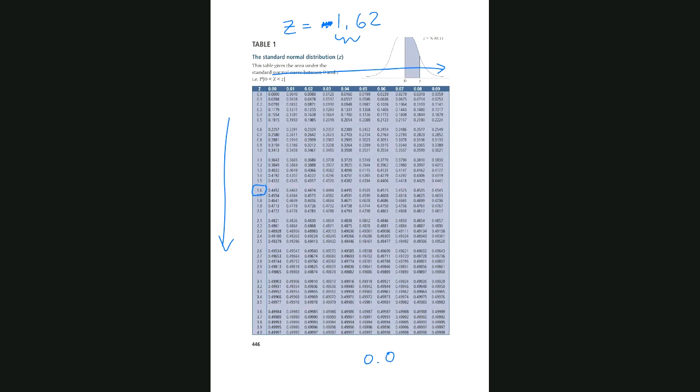The last number will be the same as the last digit of your Z value, which is the number 2. So you'd go to 0.02. So in line with 0.02 and in line with 1.6, your p-value, which is your probability, is 0.4474.